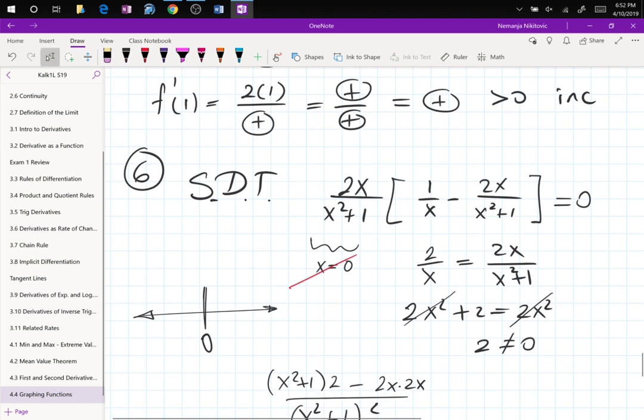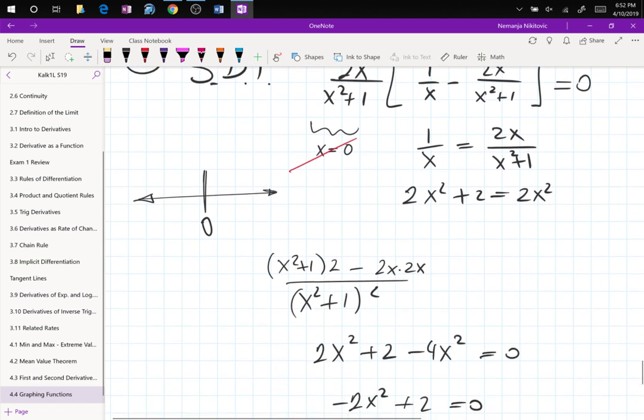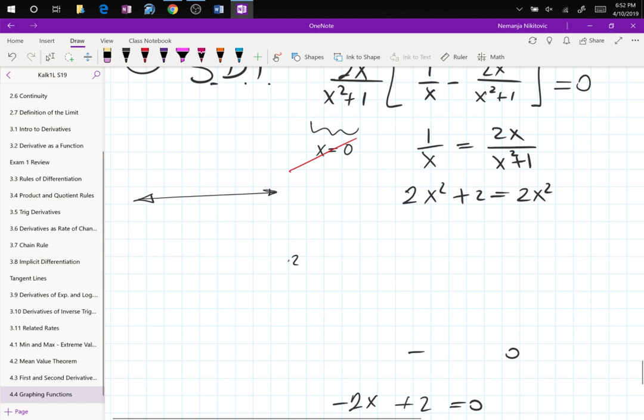Now, that's 1 over x, and that changes things over here. So how do they change? We have 1 times x, so that's x squared, and that's a 1. And that's when you cross multiply 2x.